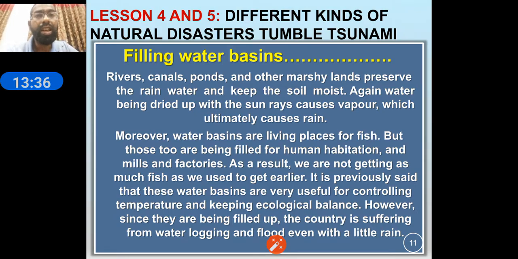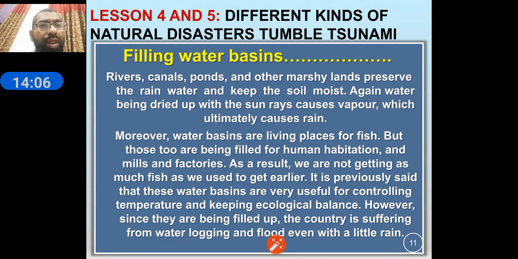And for the urbanization process, in many parts of the country we can see agricultural lands are filled up for making new houses in the real estate business. And for the demand of additional people, we are filling up our riverside, canals, ponds, and other marshy lands, which actually preserve rainwater and keep the soil moist.